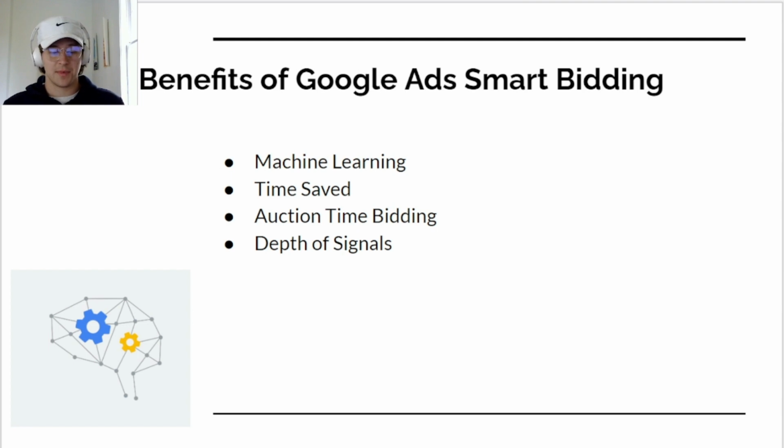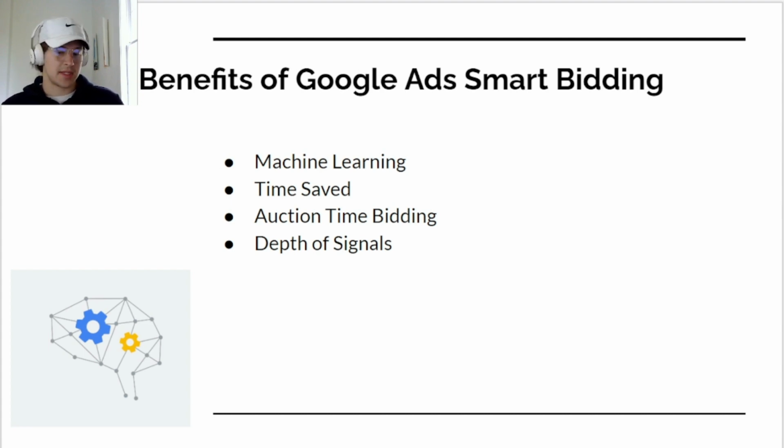Fourth piece is going to be depth of signal. Google's algorithm really integrates a large variety of signals, and I know I have another, I think part 3 or part 4, audience targeting course that talks a little bit more about audience signals and what they are. Google's basically able to see the sites you're on. They conduct surveys, so they know what users respond really well to certain messaging or certain ads, and what users are farther down the buying journey.